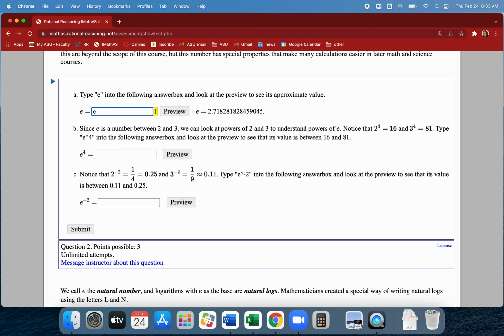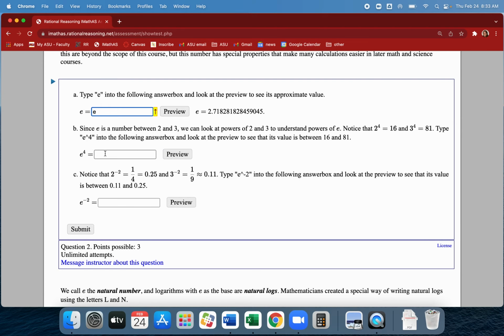Just a cool factoid about the answer boxes on iMath. If you type in E, it assumes you're talking about the mathematical constant E, which is this 2.718-ish number. So you don't get to use E as a variable. As soon as you type in E, it thinks you mean a number, this one specific number.